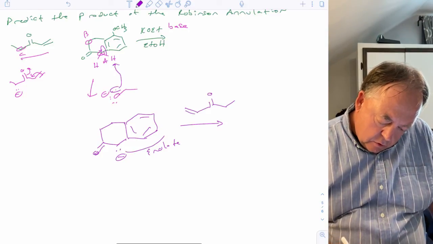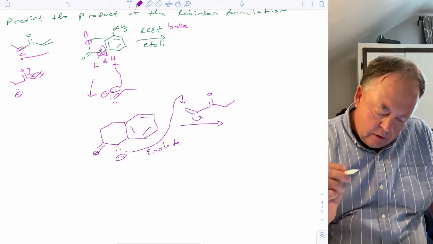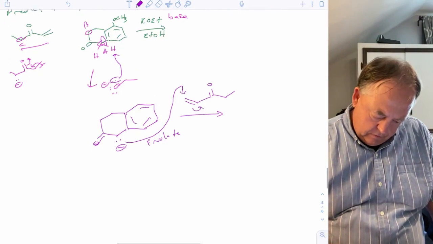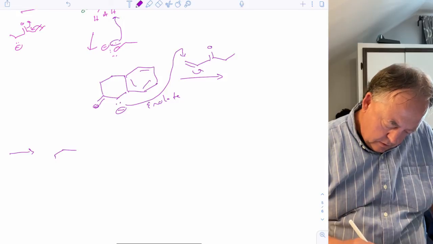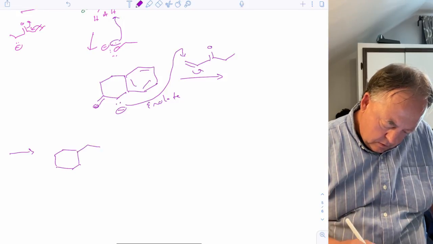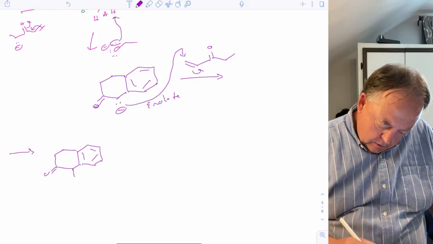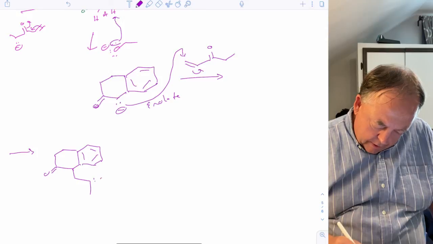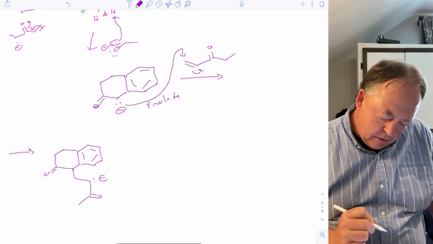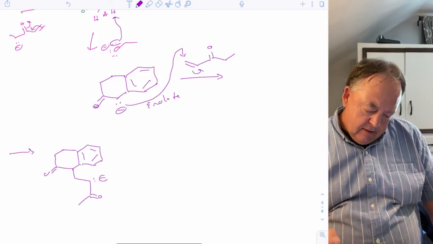So this then is going to attack here, and that becomes a lone pair. Okay, so lone pair there now. That's C double bond O. So now you have that.